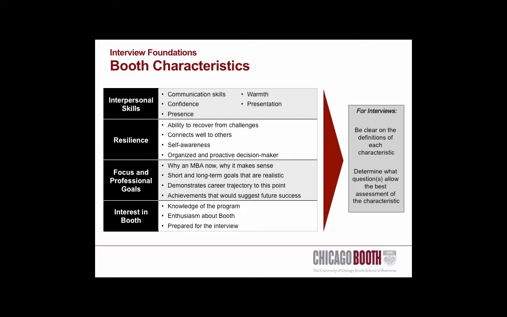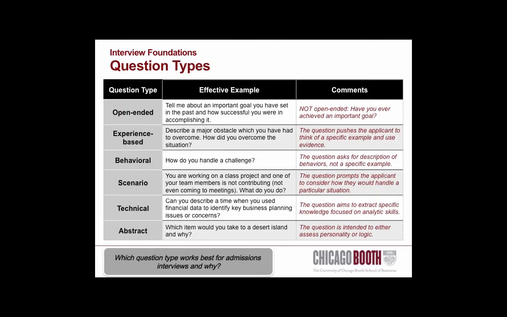So overall, as you take away some of the insights from this discussion, it's really about being clear on what each of these definitions means. And when we get together and go through some of the additional training, we're going to be talking about the best way to develop questions to assess each of these characteristics.